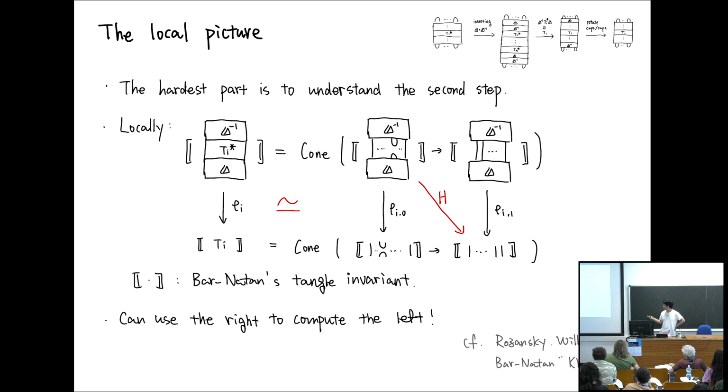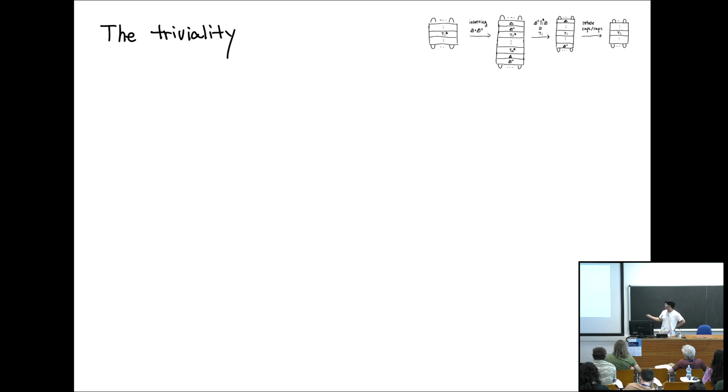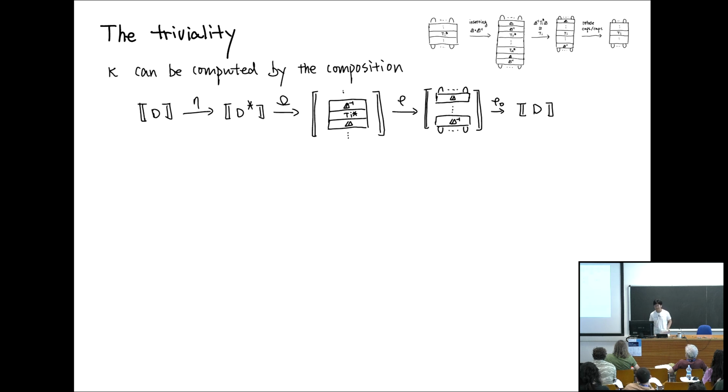All right. The next step is we go back to the global picture. We can compute the flip map kappa from this four-step composition. The first step, eta, is just the trivial canonical identification between the Khovanov complex for D and D star.